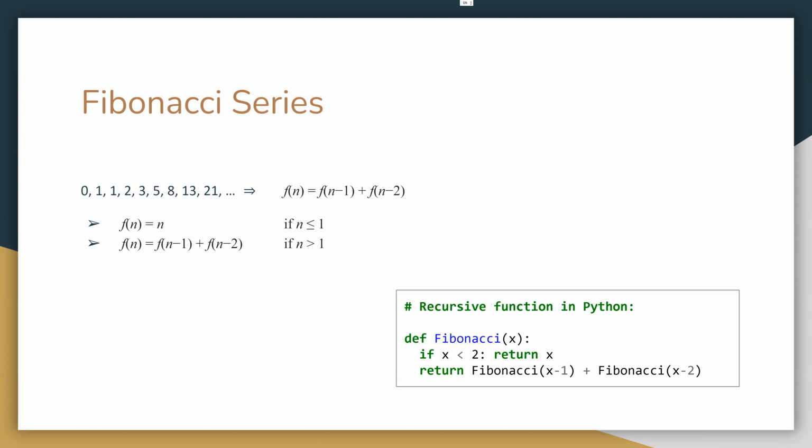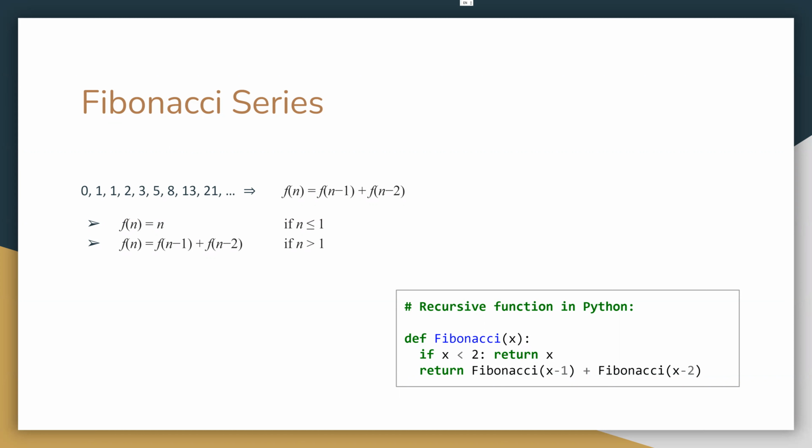You define this function, and it takes an integer parameter. If it's less than 2, so if it's 1 or 0, the result is that number itself. And any number greater than or equal to 2, the result is the previous two Fibonacci numbers added together, the sum of the previous two numbers.